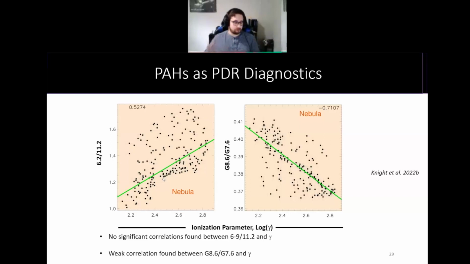It could be due to formation or it could be due to processing closer to the star. There are multiple factors that, honestly, we're not quite sure about, but hopefully with more sources and more data, we can weed out the reasons as to why we don't get as strong a correlation as we expected. Yeah, it's really interesting. All right, any other questions?